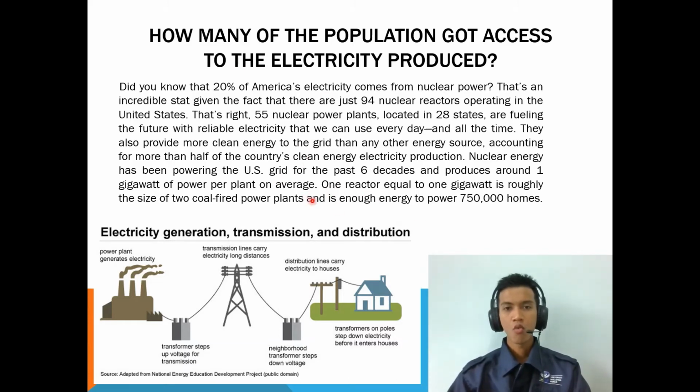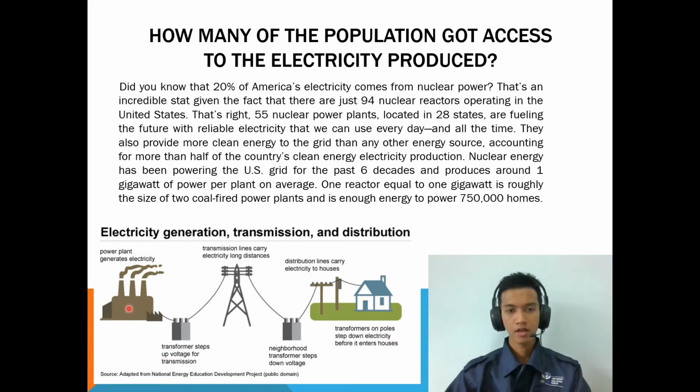One reactor equal to 1 gigawatt is roughly the size of 2 coal-fired power plants and is enough energy to power 7,500 homes. Okay, this is the picture of electricity generation, transmission and distribution, how the nuclear power plant will generate electricity.